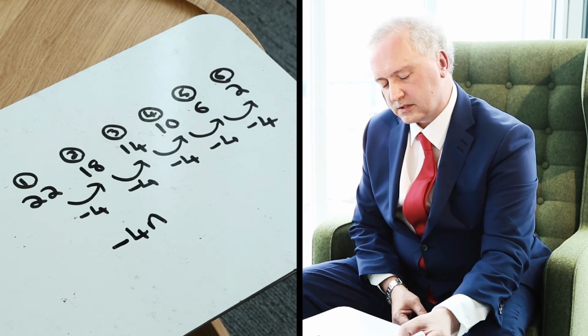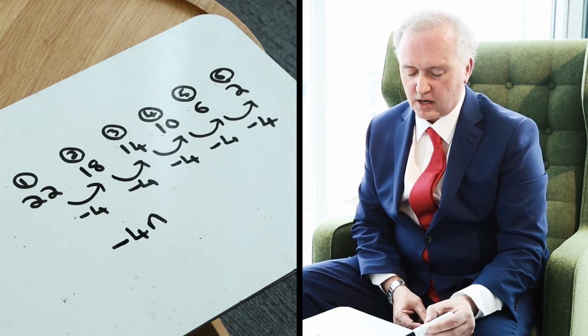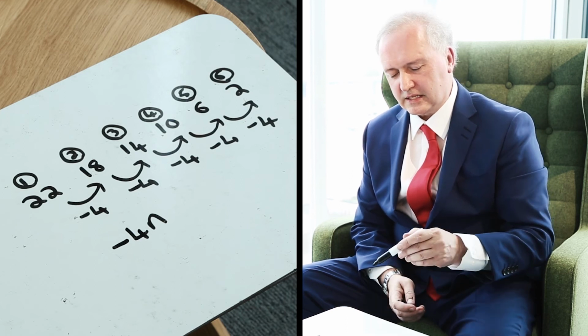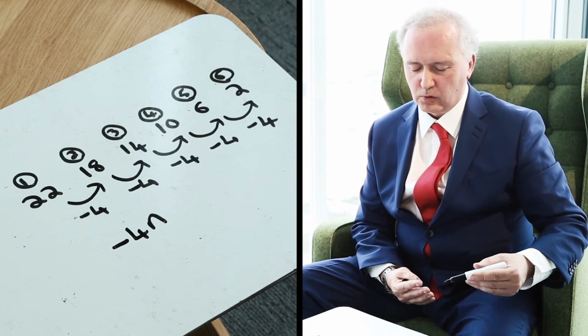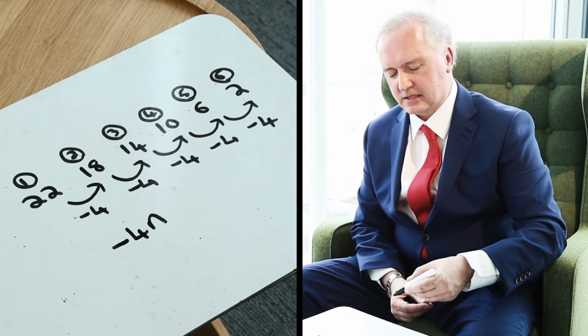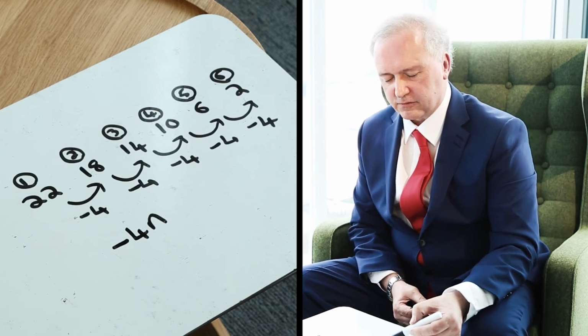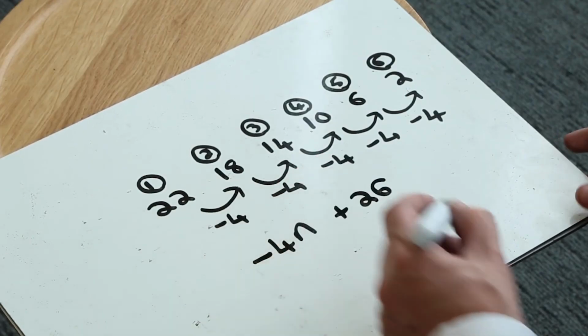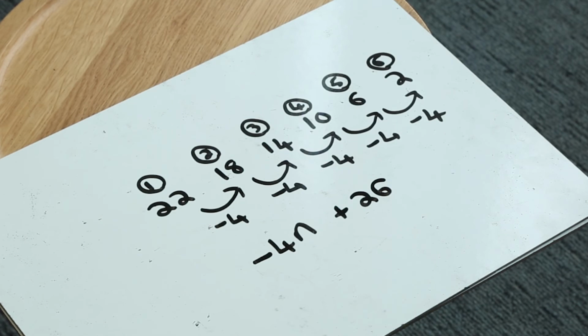If I pop n equals 1 into here, I've already got minus 4 times 1, which is minus 4. So what I need to boldly do is to explore what number needs to go on the end to make the rule work. And I can see that because it's already starting at minus 4, I need a number like 26 here to make that rule work.